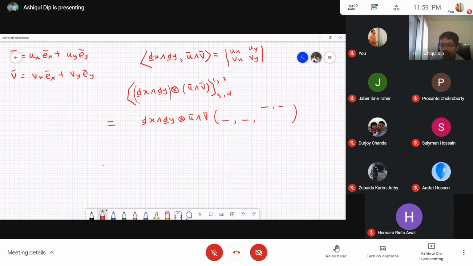No. I want to contract this thing to that thing and this slot to that slot, right? Okay. No, but the position of the slots, because the first one is a one-form, so it should take a vector. So the slot will be the upper one.